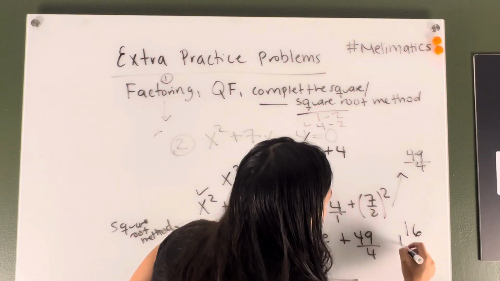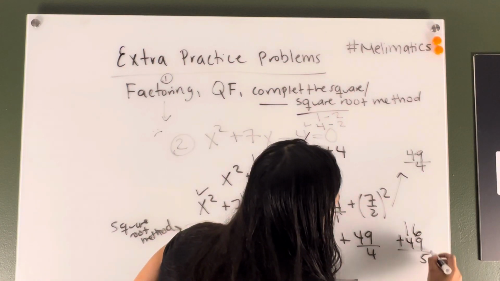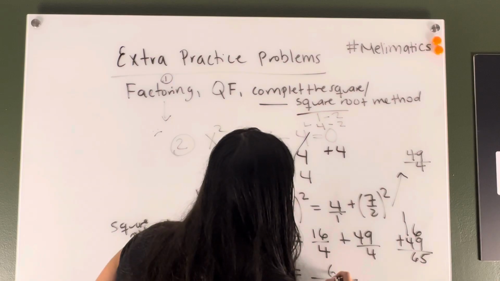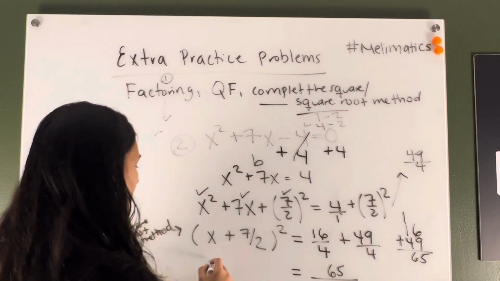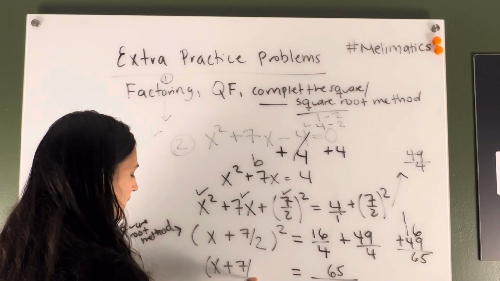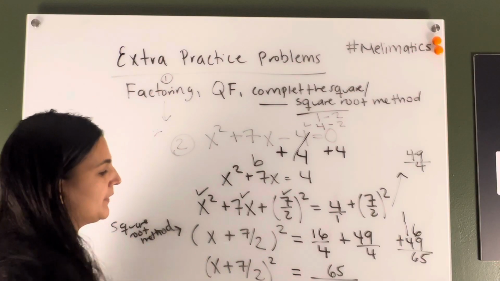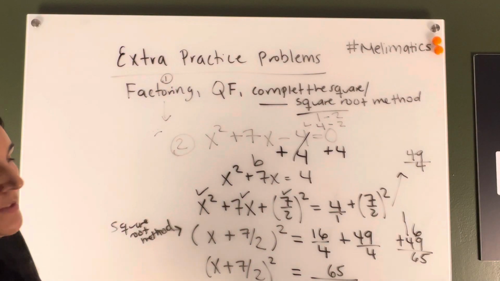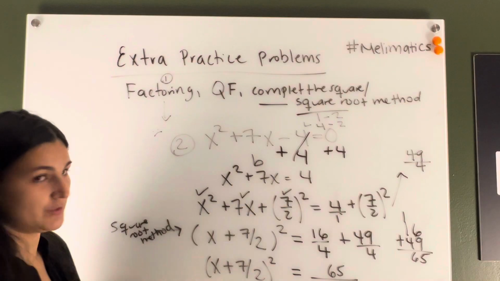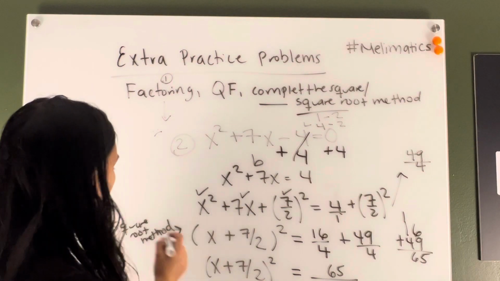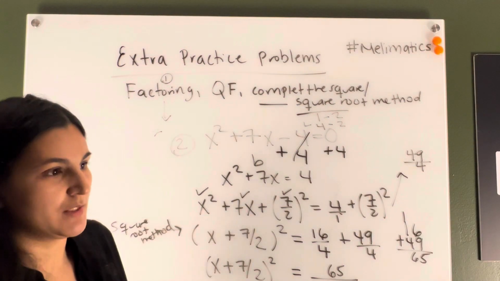So let's just add 49 over here, 65. And then on the left hand side, okay, I'm going to erase in a moment, but because it's YouTube, you can go back and rewatch it. From here, we're just going to use the square root method, and you're going to see that it's very easy.